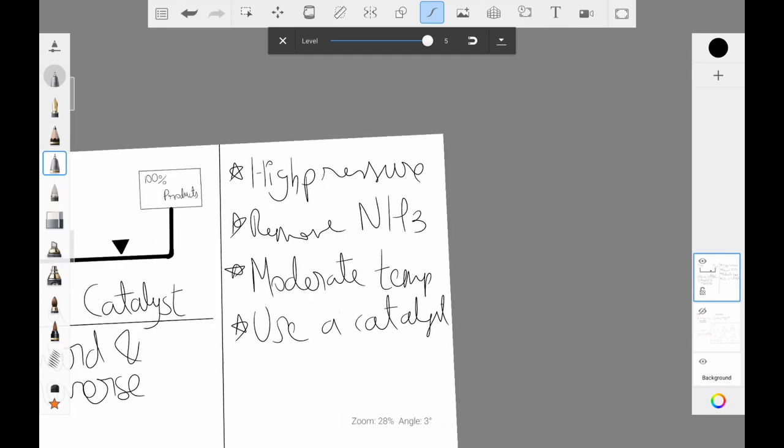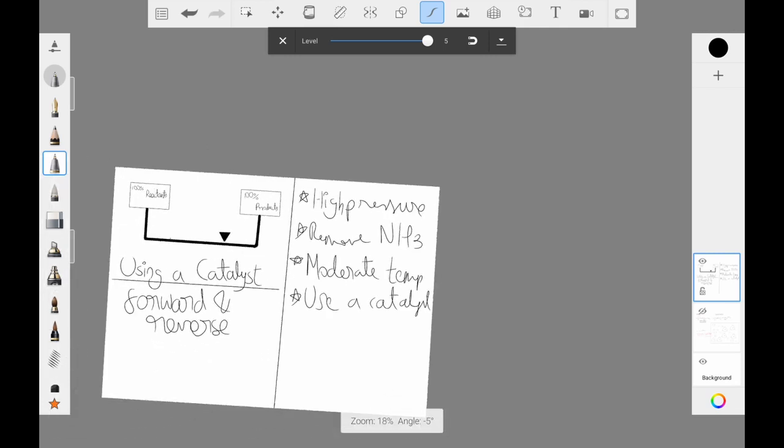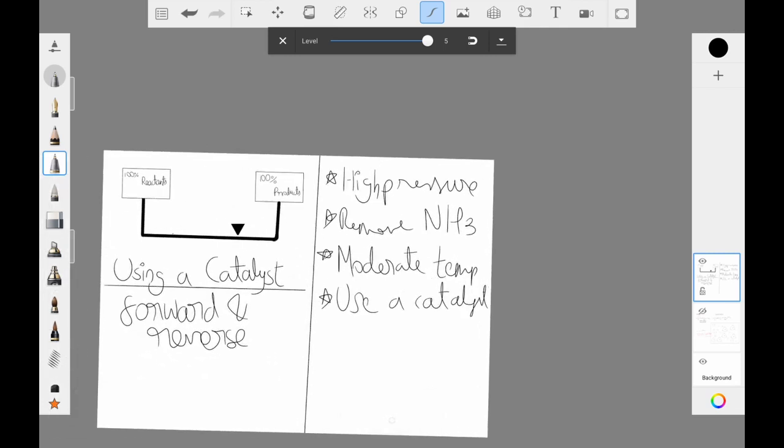Right, I mentioned this before as well, but I want to reiterate this. The rate of the reaction for the reversible reaction will obviously be increased by an increase in temperature, an increase in pressure, and by using a catalyst. And these apply to both the forward and reverse reactions, obviously.